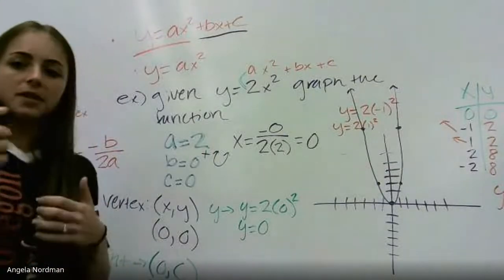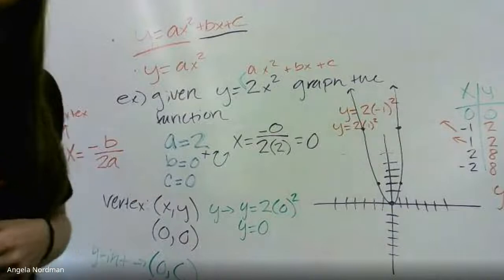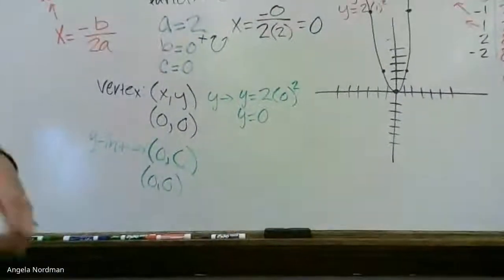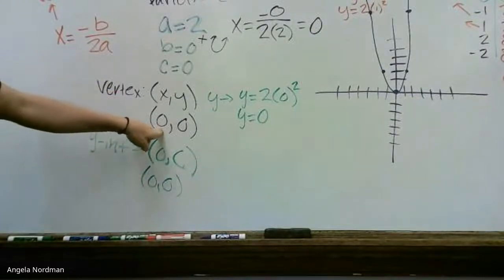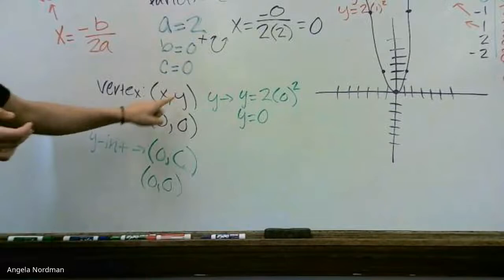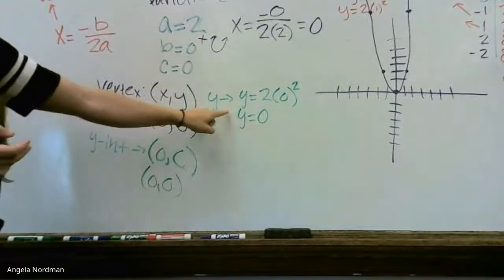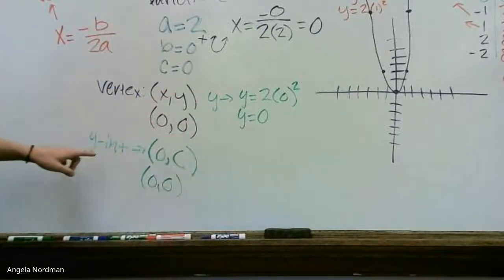So let's review all the steps that we've taken. The first thing we did was we found our vertex using this formula. We plugged our x value we found into our original equation to get our y value, okay?